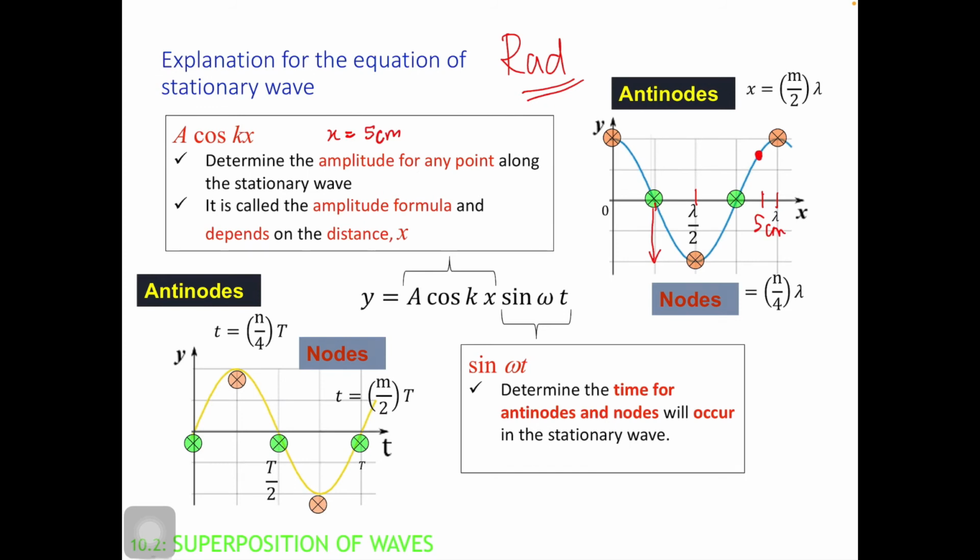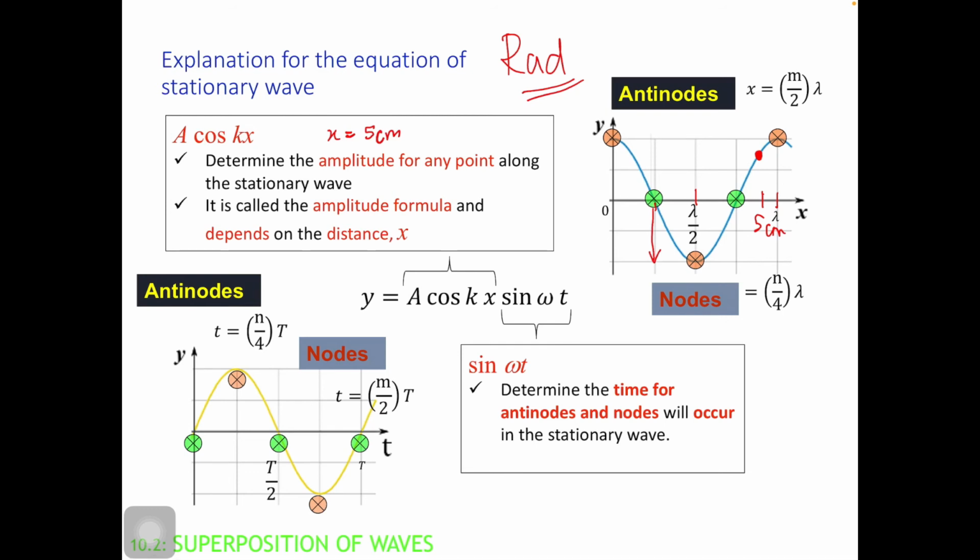So that one, then the back term of it, sin omega t, basically determines the time at which antinodes and nodes will occur in this stationary wave. Bila antinodes dengan nodes datang. So you can see the equation here, t equal to n over 4 times period. So 1 full cycle will be the period lah. So for antinodes kita akan guna n over 4.